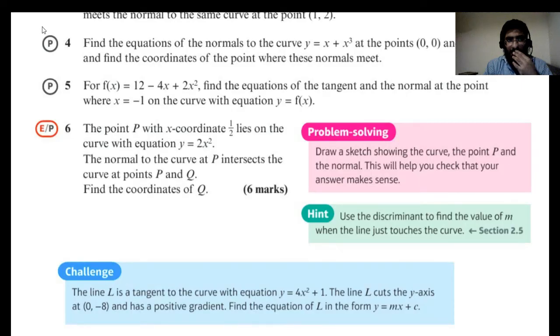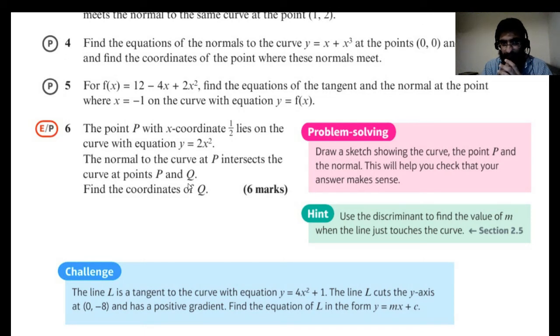Q intersects the normal to the curve. The normal to the curve intersects at points P and Q.